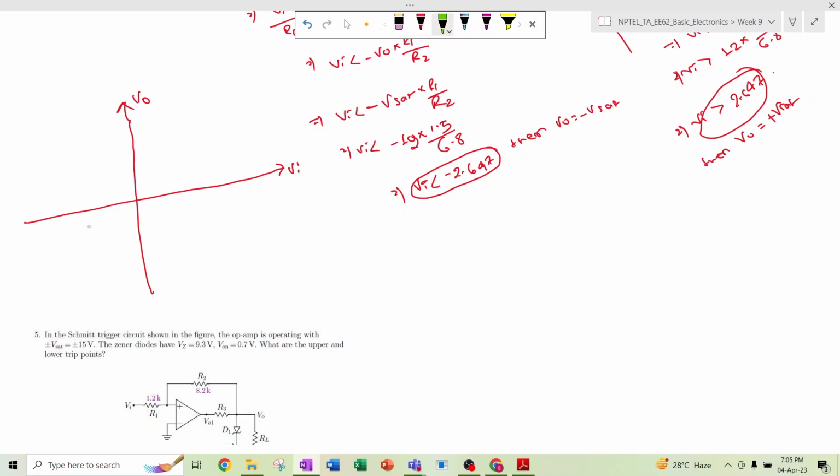This is minus 2.647 and here the point is 2.647. So it is equally distributed on both sides of the origin. If Vi is less than minus 2.647, then VO will be minus VSAT. So if it is less than this, then it will become minus VSAT. Okay, understood, right?